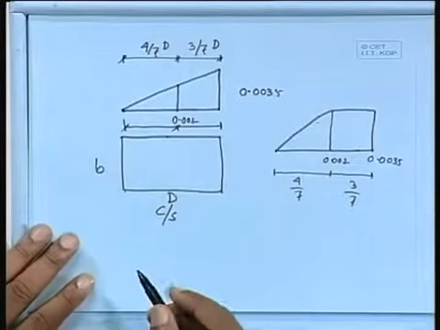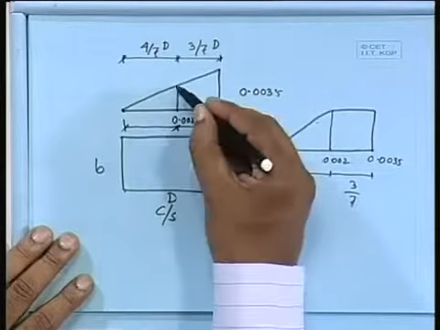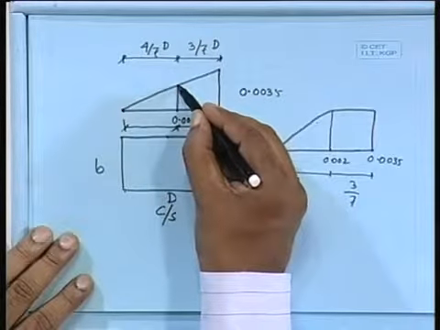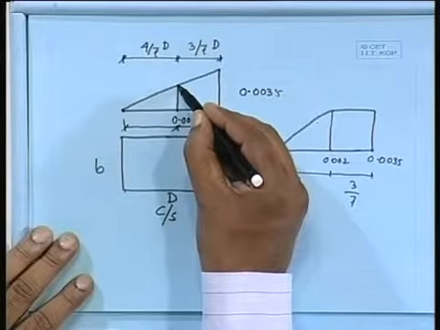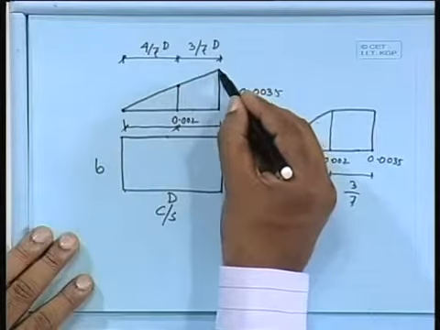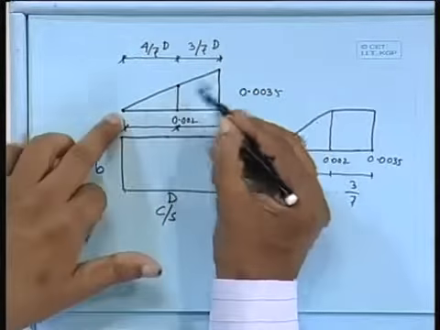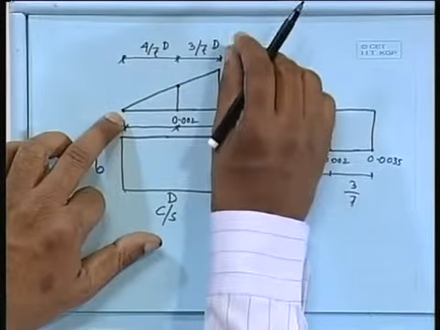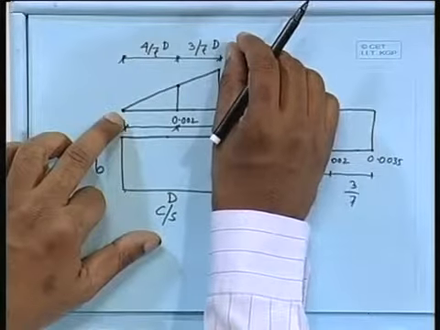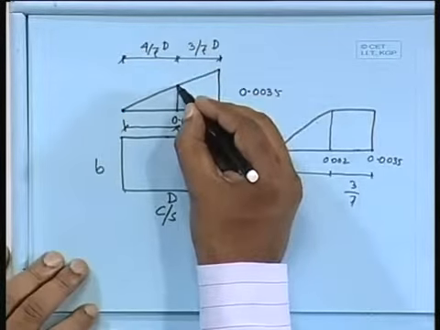Now, this line will rotate with respect to this point. If we rotate about the other point, then our strain will be increased and go beyond 0.0035. So, this is our pivot point.